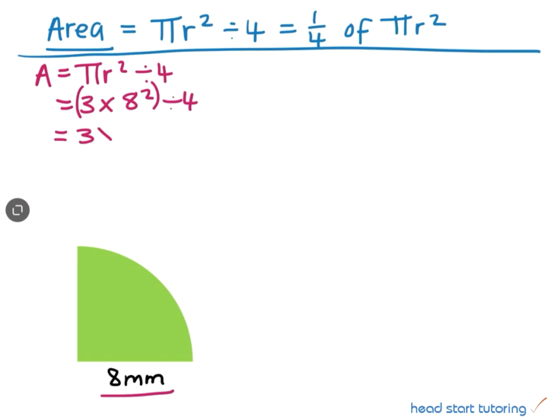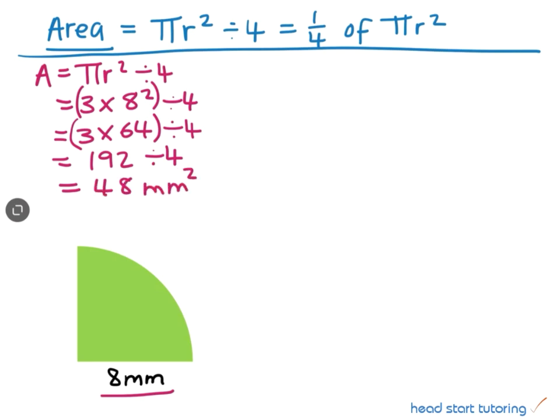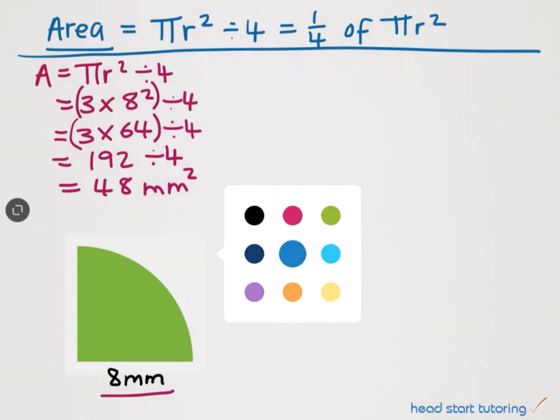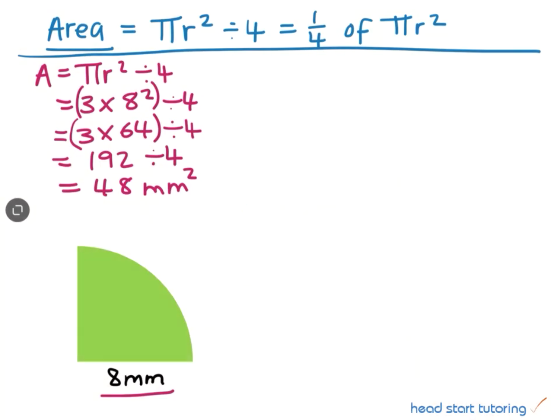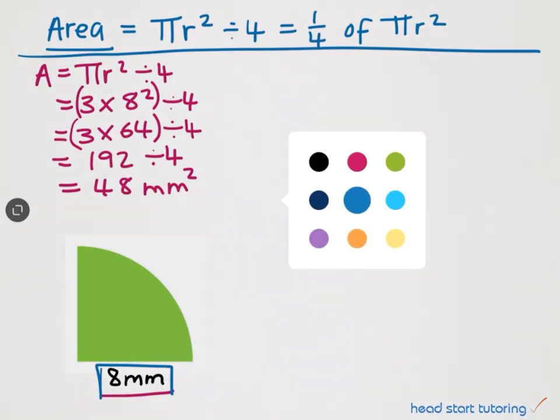So 3 multiplied by 64 and then divided by 4, which is equal to 192 divided by 4, and that gives us an answer of 48 millimeters squared. So the answer to the area of a quarter of a circle, this particular circle with a radius of 8 millimeters, will give us an answer of 48 millimeters squared.